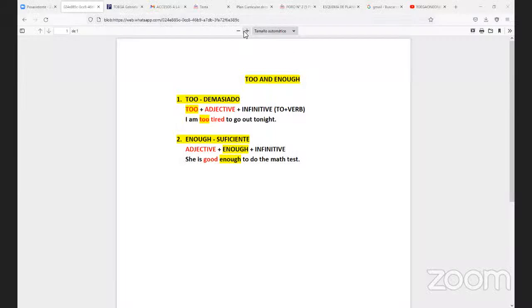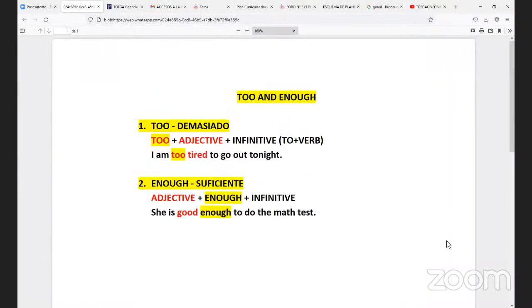In this grammar, we're going to see these important words that are considered grammar because we use them with adjectives and we have to know the position, the order of the adjectives. We have these two important words, "too" and "enough."